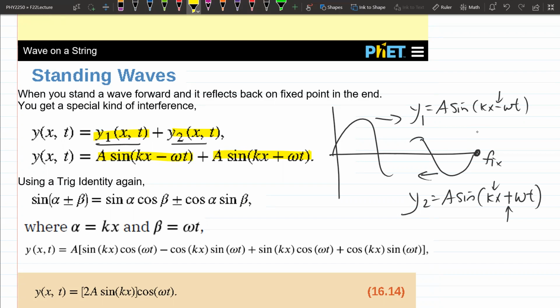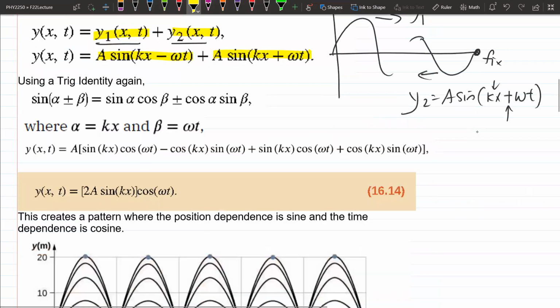The minus will be applicable for this term, and the plus will be applicable for this term here, okay? It's equal to some products of cosines and sines. I'll let you guys work through the long algebra of it. But where alpha is equal to kx and beta is equal to omega t, this expands into 4 terms, okay? You get 4 different terms out of it, because each one blows up into 2 different terms.